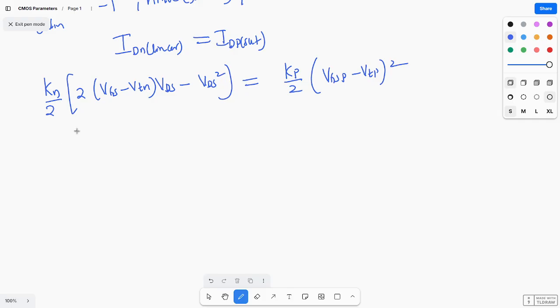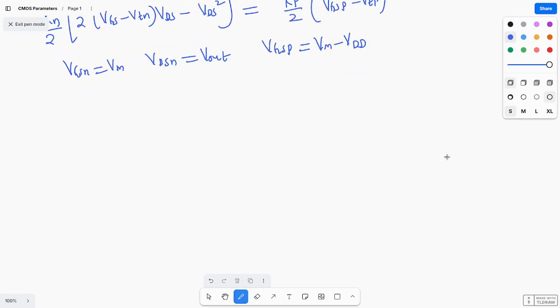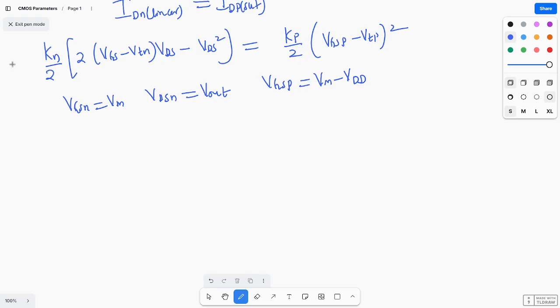So just substitute those equations. VGSN equal to V in, VDSN equal to V out, and VGSP equal to V in minus VDD. Last class we already saw this: I took one CMOS circuit and got VGSN, VDSN and VGSP. Those only I'm substituting in this equation.